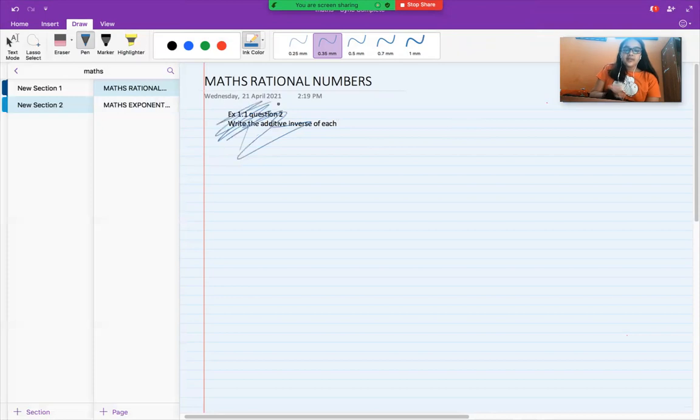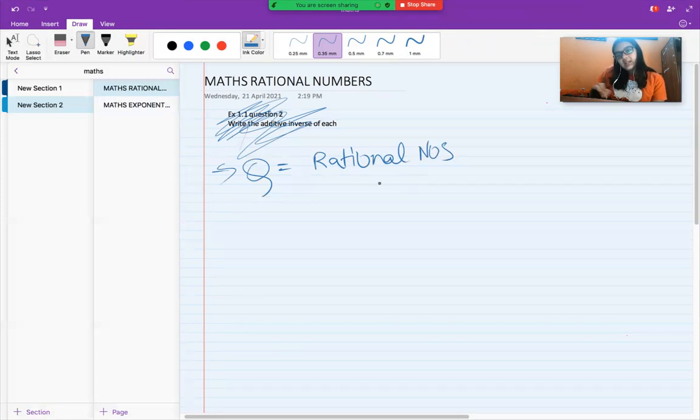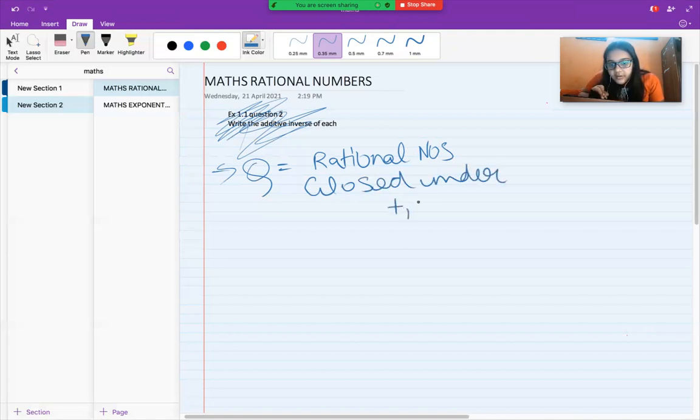Now we are just taking some brief notes. Q is represented as rational numbers, and they are closed under addition, multiplication, and subtraction. So I'm using the operations.